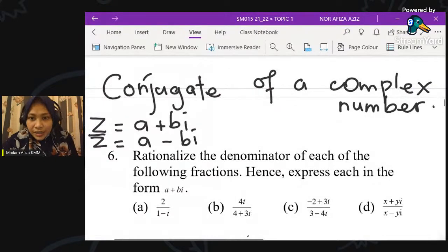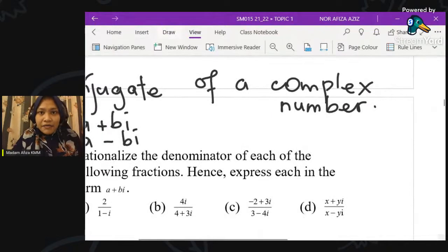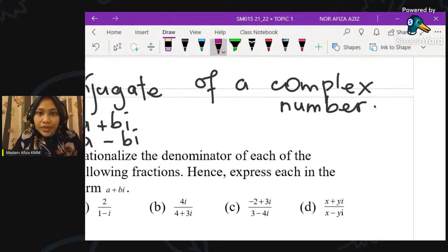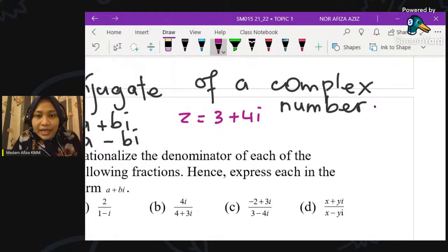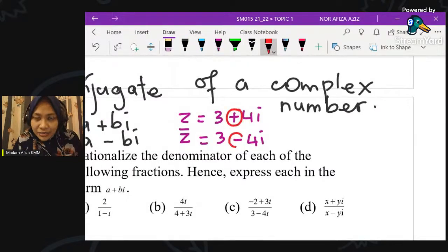Say I have Z equals to 3 plus 4i. Then the conjugate will be Z bar equals to 3 minus 4i. Notice that we only change the sign. What sign? We change the sign of the coefficient of I.